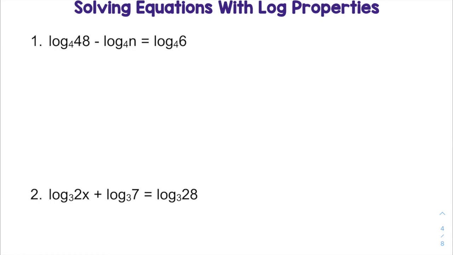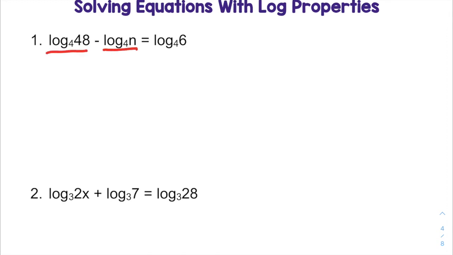Our last part of our section here is solving equations with log properties. This is kind of using the log properties backwards, such that we could combine these two log expressions by subtraction with the quotient property.